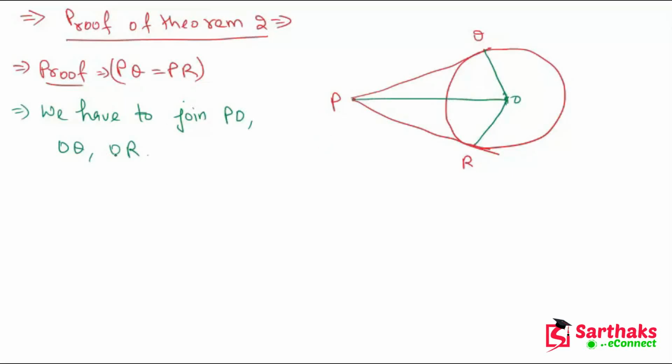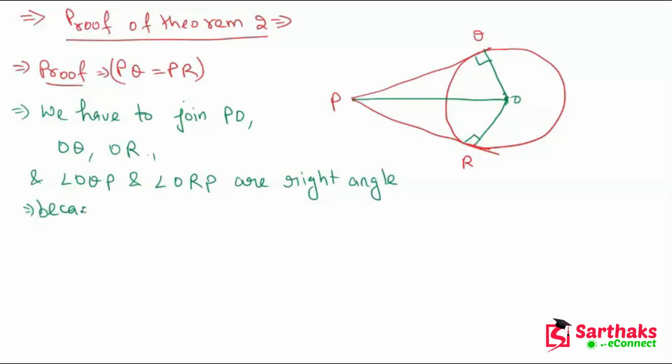Here angle OQP and angle ORP are right angles. Why?